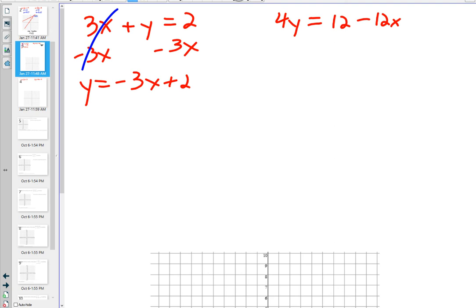And then for the second one, Hiram? Now, I want to get this into slope-intercept form, so I'm going to put the x's first. Negative 12x divided by 4 is negative 3x. 12 divided by 4 is 3.